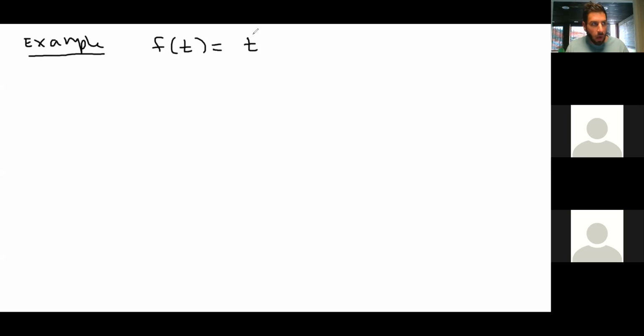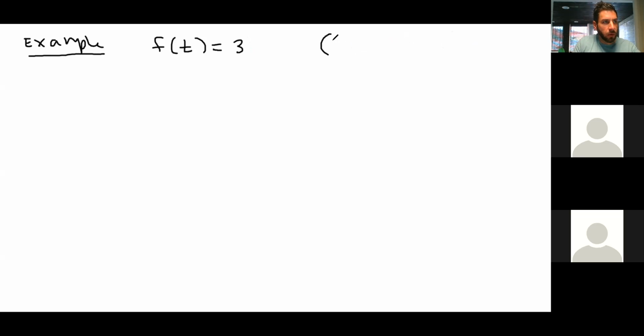This is like the line y equals x. Actually, let's start even simpler. Let's just start with a constant. That'll be even easier for us to see. We'll do two very basic cases. So let's start with f of t equals, let's say, 3.